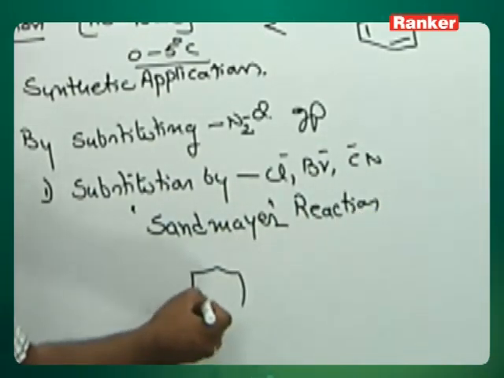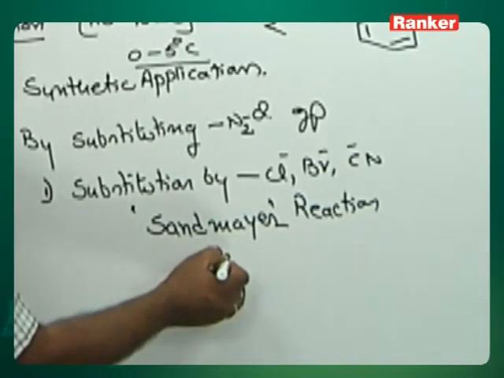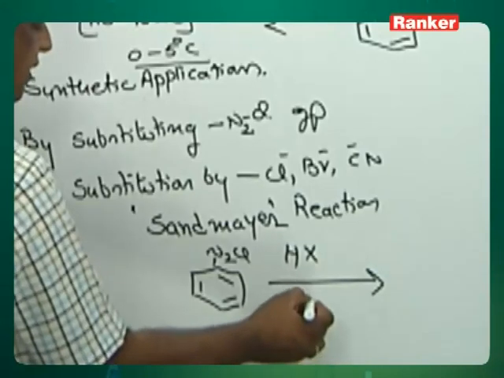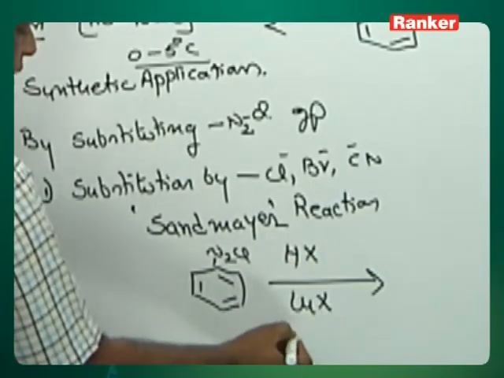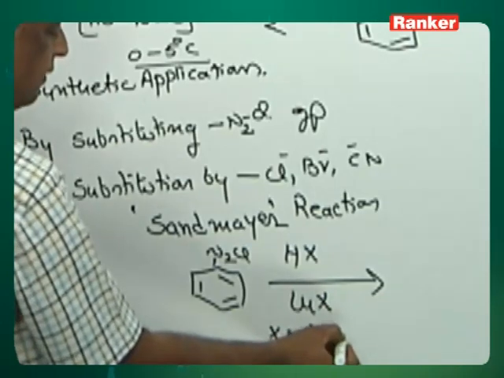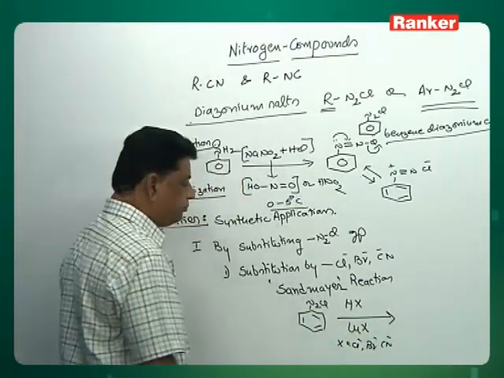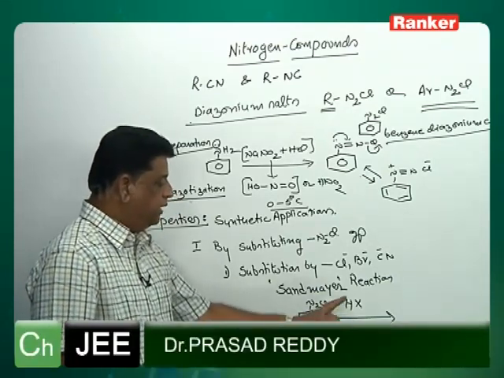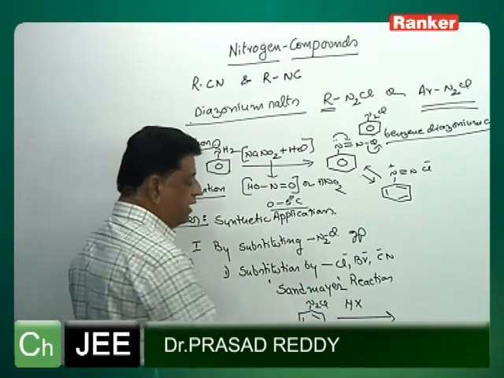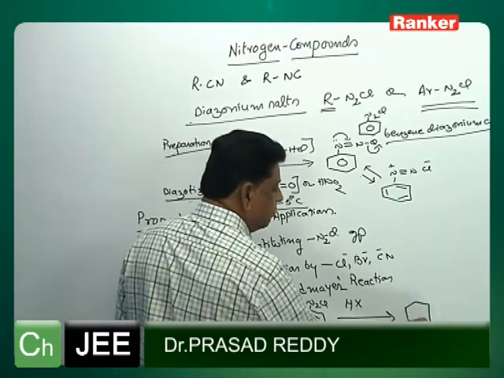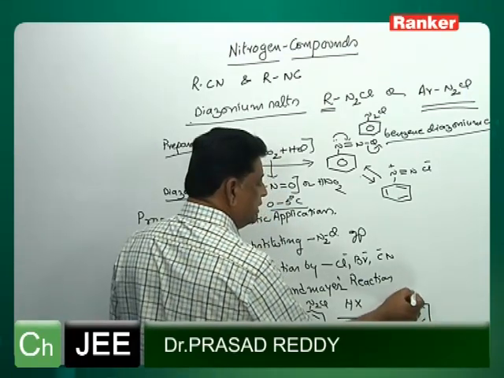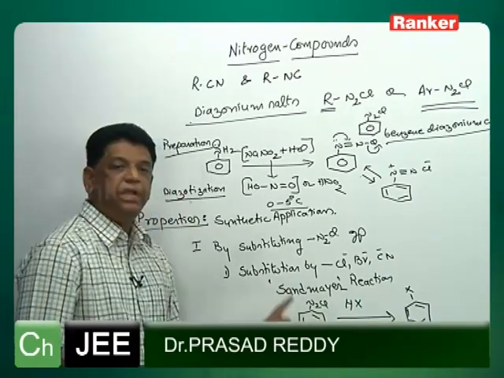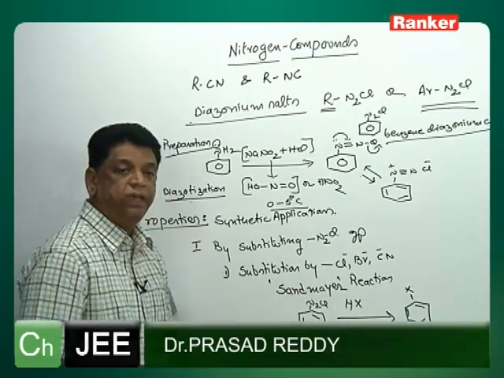You take benzene diazonium chloride, N2Cl, add HX in presence of CuX, where X can be Cl minus or Br minus or cyanide minus. That means you can take HCl and CuCl, HBr and CuBr. So, X will be replacing this one, and you will get X-containing benzene. So, chlorobenzene, bromobenzene as well as cyanide-containing benzenes can be prepared from this N2Cl.